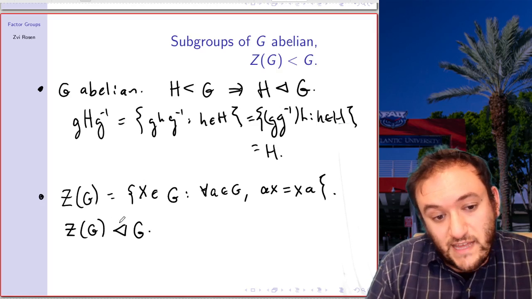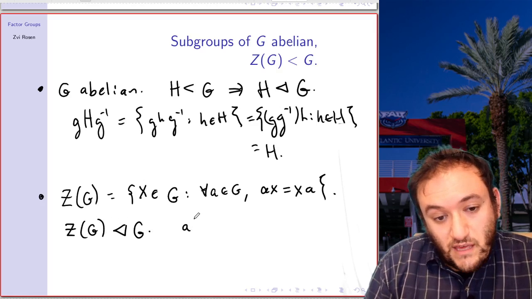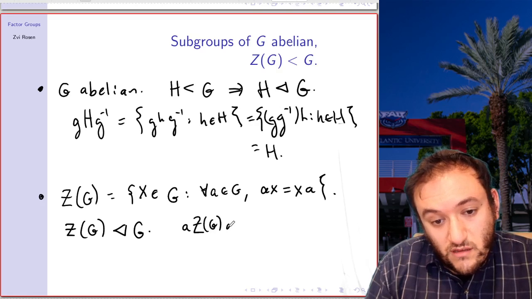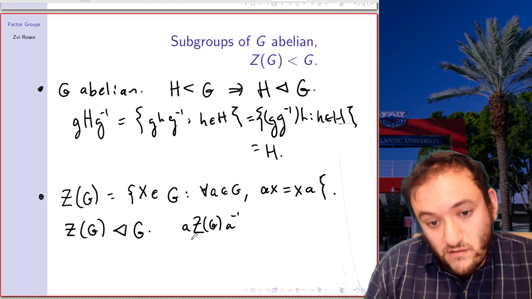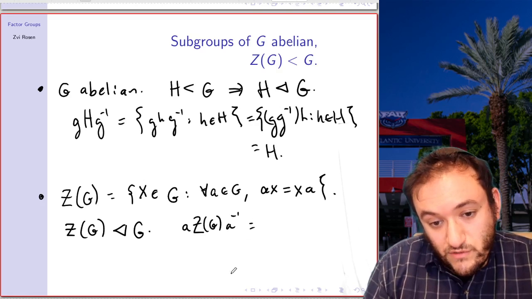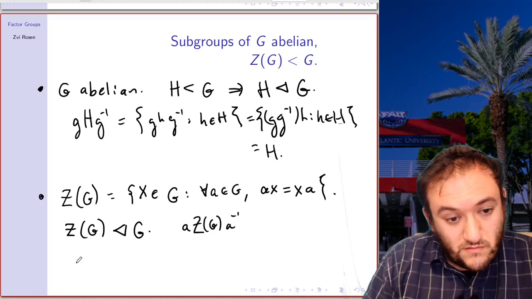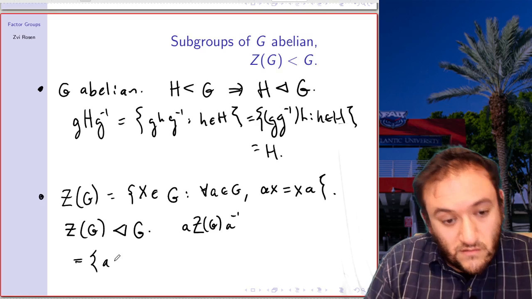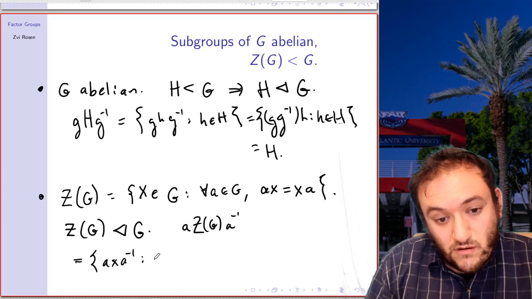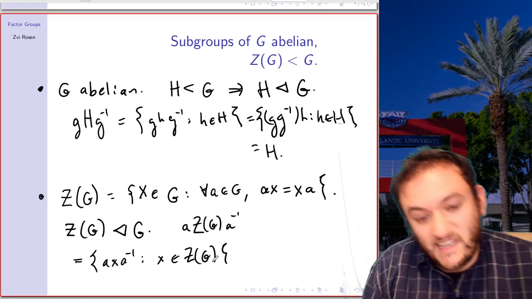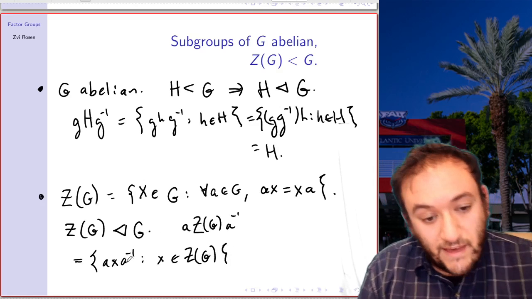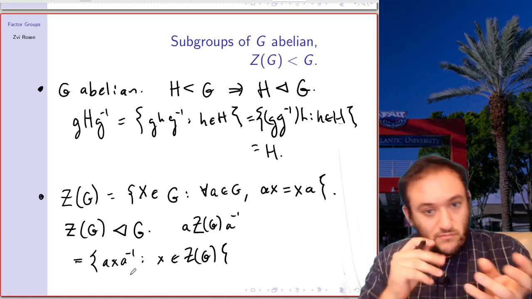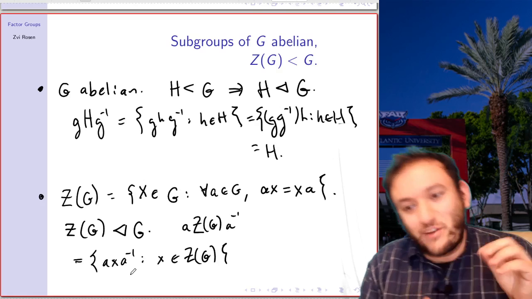And the proof is that if you take a Z of G a inverse, what do you get? This is equal to the set of a x a inverse for x in Z of G. But this set is not just fixed, every element is fixed, right?